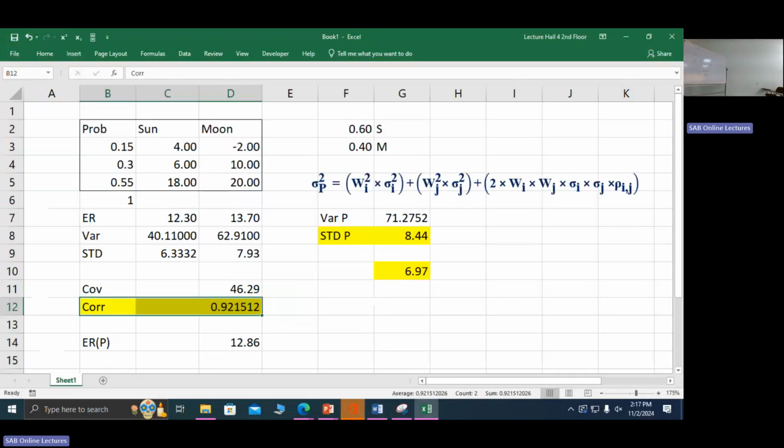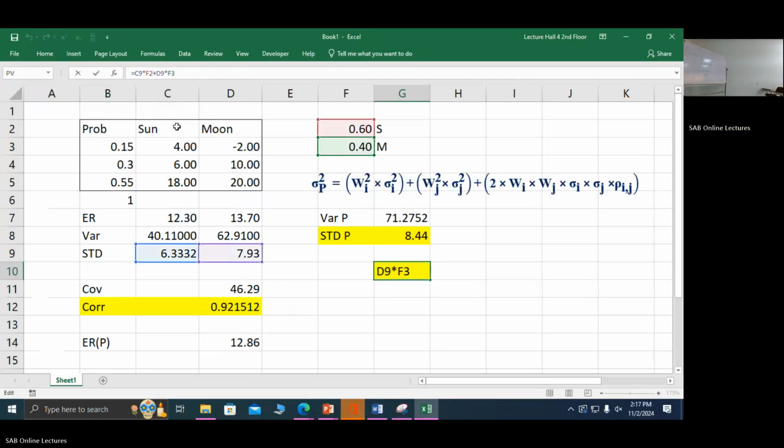Now, method 8.1. Make 6.97. Correlation coefficient calculate.